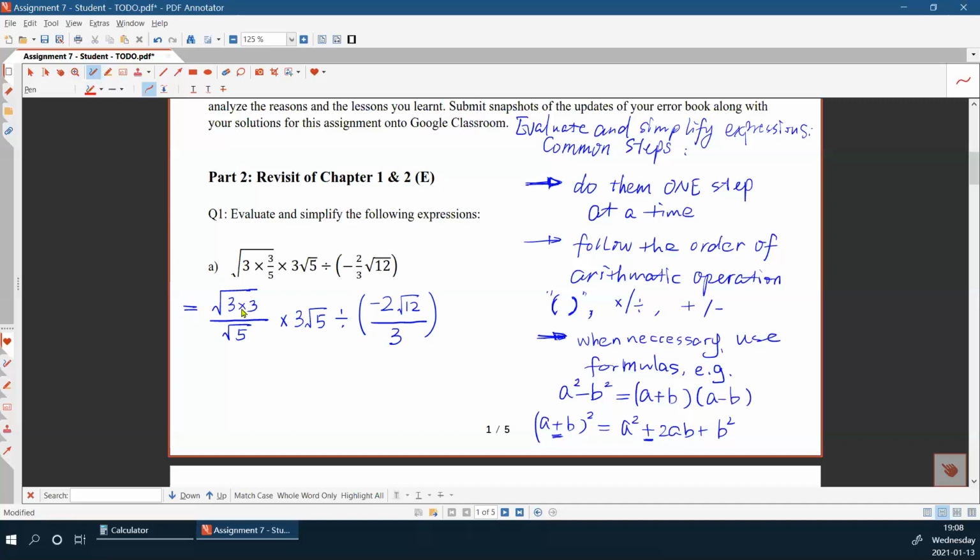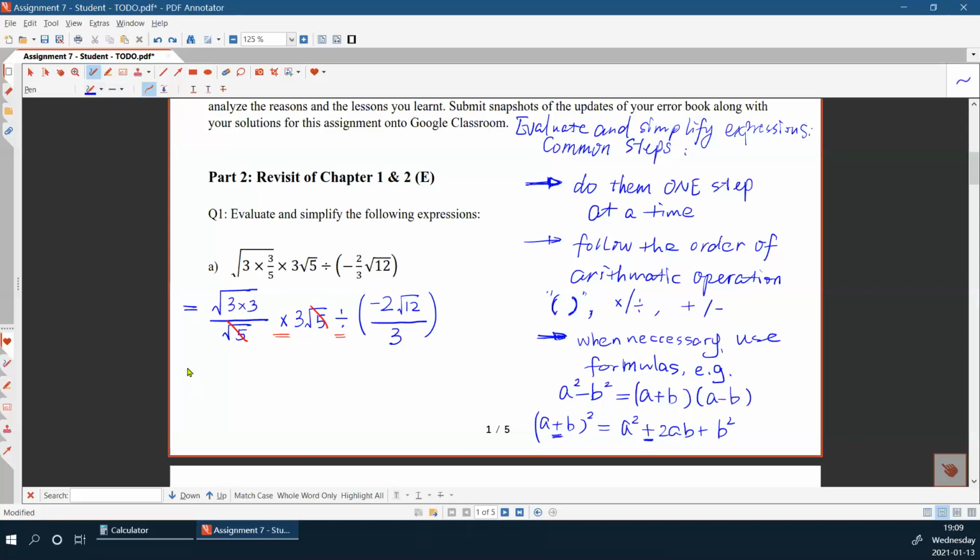And after that, because you only have a multiplication or division sign here, in the next step we can cancel something, right? Square root 5 can be canceled with square root 5. Anything else? There's a 3 here. Sorry, 3 cannot be canceled with this one because this is a division sign here, right? So just leave it there.